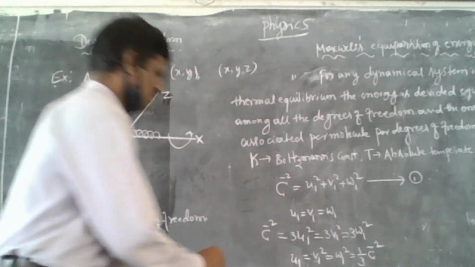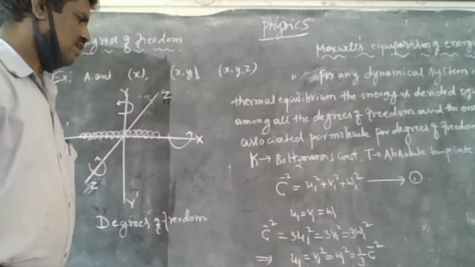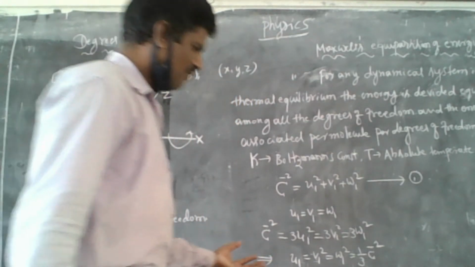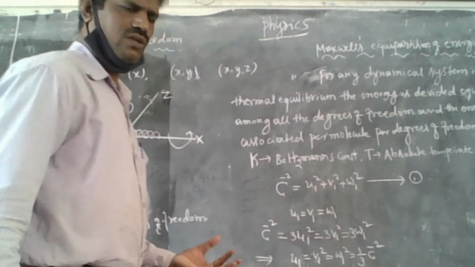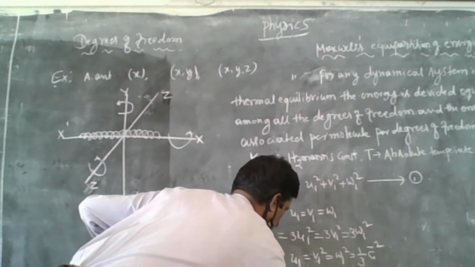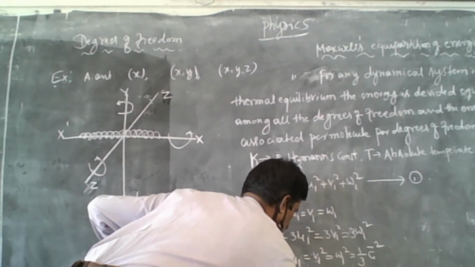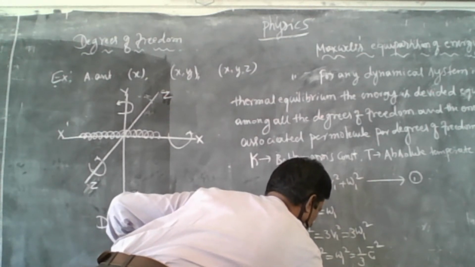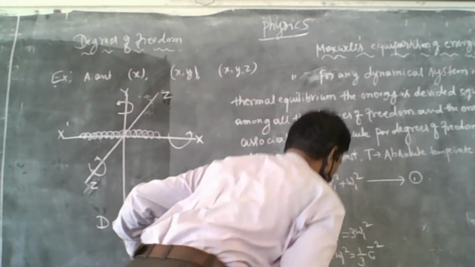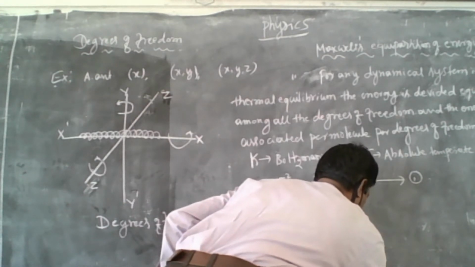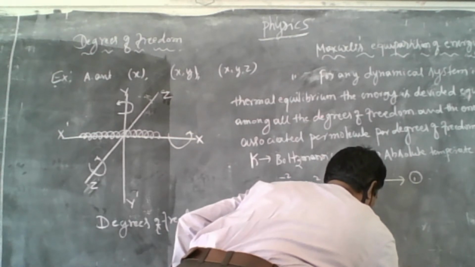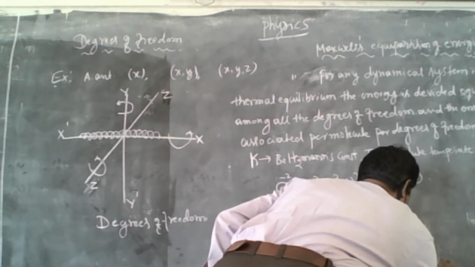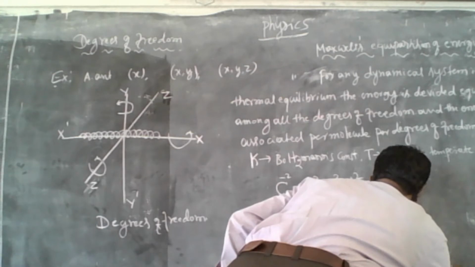Further we can write like this, and then multiply 1 by 2, or half m, on all the factors: 1 by 2 m u1 squared equals 1 by 2 m v1 squared equals 1 by 2 m w1 squared equals 1 by 2 m into 1 by 3 c bar squared.